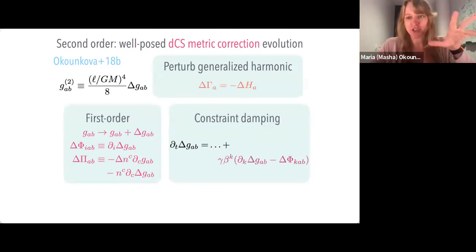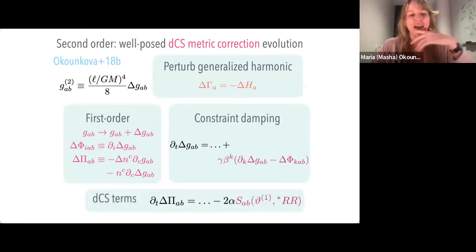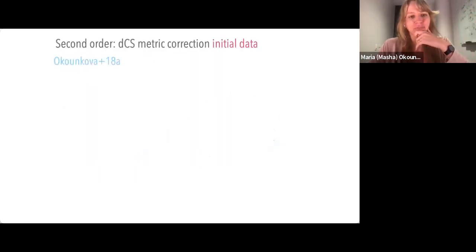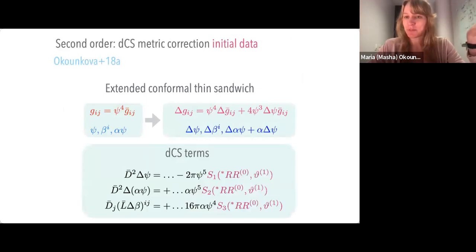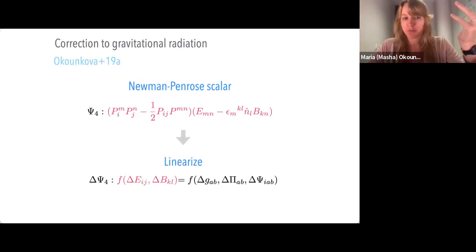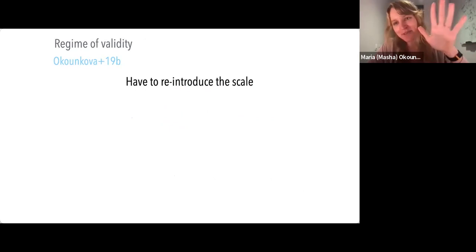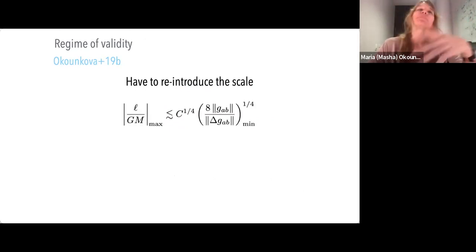So I've thrown a lot of equations here. If you are interested in these equations, this is just kind of a bonus term. For initial data, we do a perturbation of the extended conformal thin sandwich approach, collecting gravitational radiation. We linearize the Newman-Penrose scalar, and we introduce a regime of validity where we basically say, I still need to be in a perturbative regime.